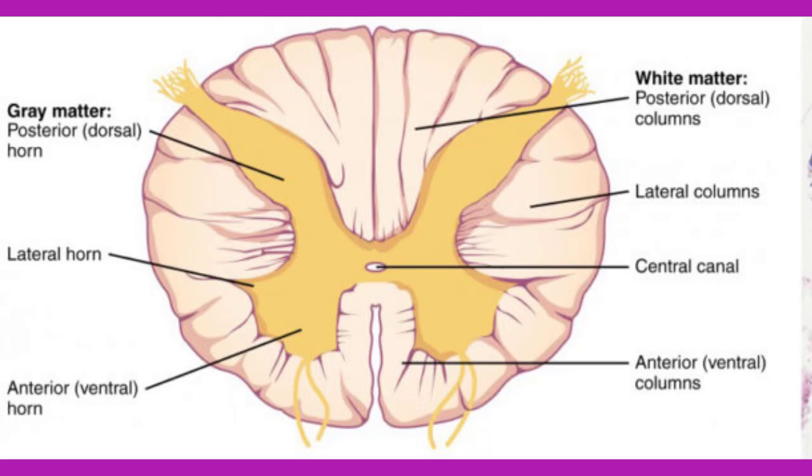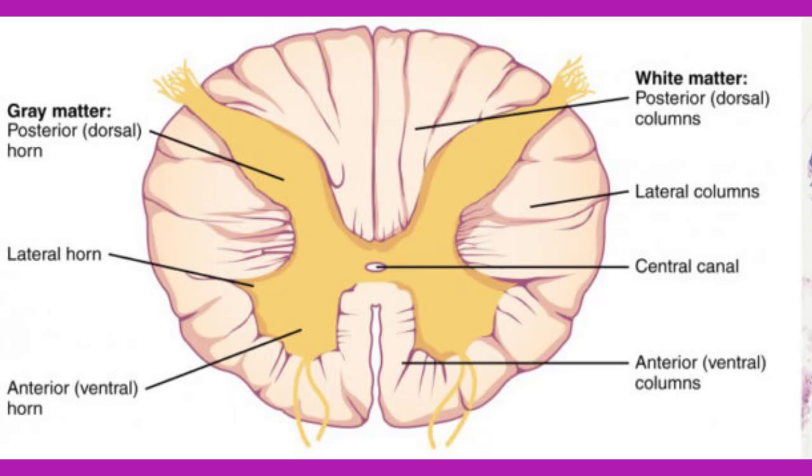Just as the gray matter is separated into horns, the white matter of the spinal cord is separated into columns. Ascending tracts of nervous system fibers in these columns carry sensory information up to the brain, whereas descending tracts carry motor commands from the brain. Looking at the spinal cord longitudinally, the columns extend along its length as continuous bands of white matter, and between the two posterior horns of gray matter are the posterior columns.